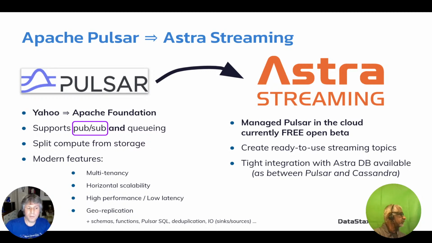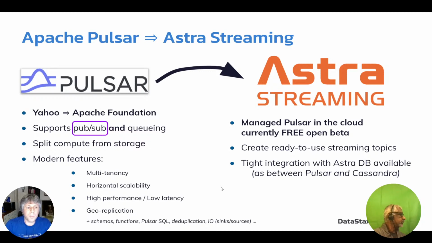Pulsar has high performance, high throughput, and low latency. It's designed around a few technical ideas that allow for a very astonishing performance. And it supports geo-replication, so you can configure a Pulsar instance to be replicated across geographically far away clusters. Then there is something else, but let me gloss over it.